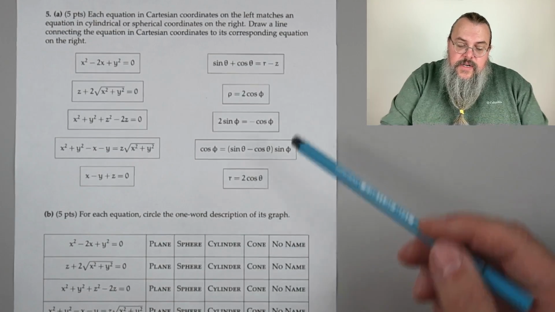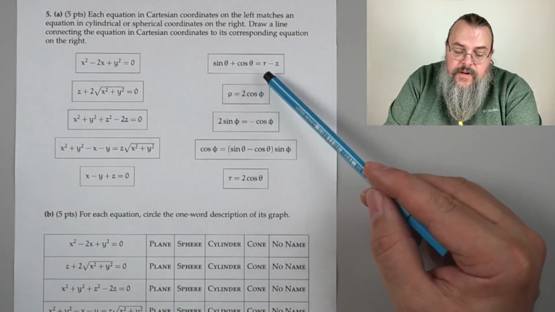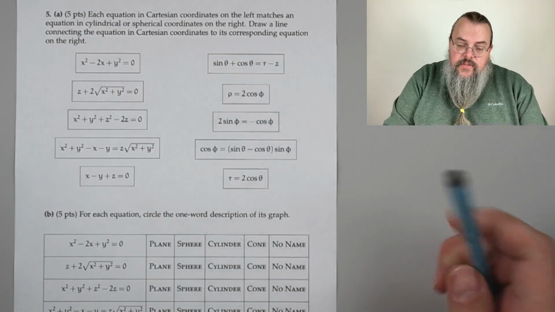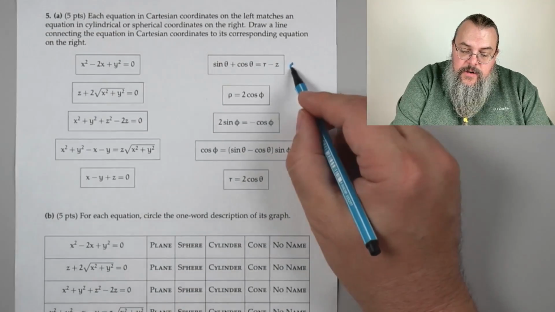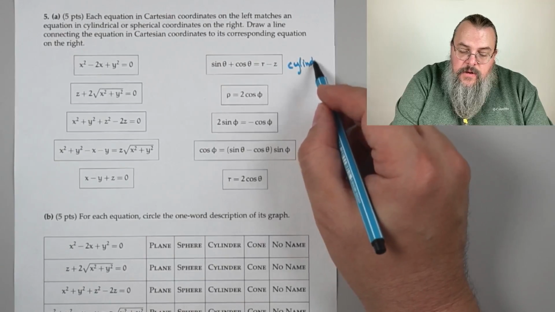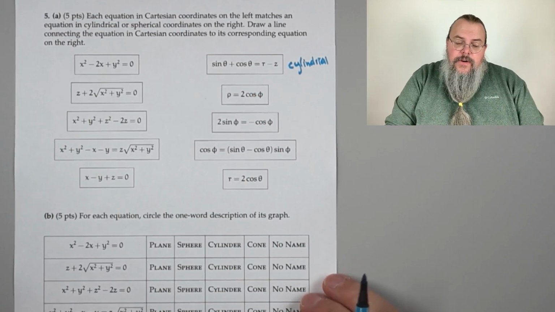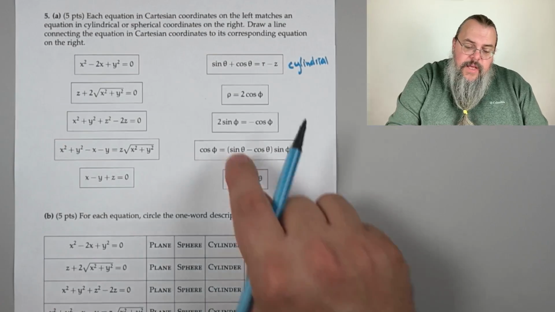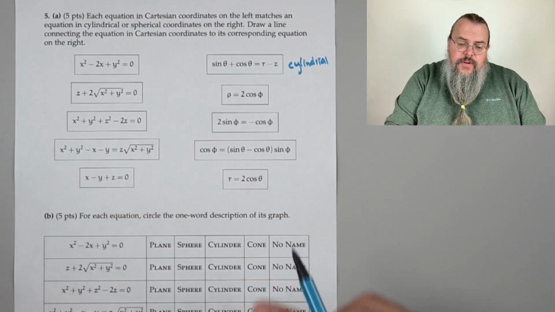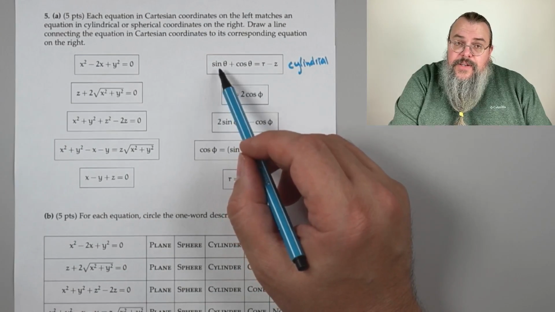Well, let's start maybe here. Sine theta plus cosine theta is r minus z. Now this is cylindrical. We can tell that right away because we see an r and a z together. Going from cylindrical back to Cartesian is a little bit easier. We want not sine theta, but r sine theta.